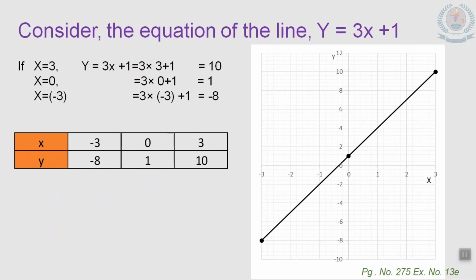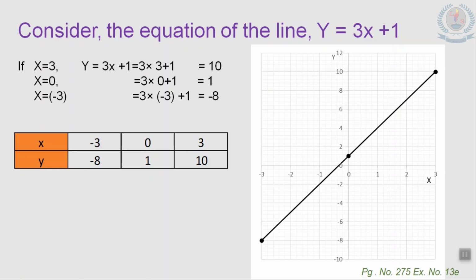Consider the equation of the line y equals 3x plus 1. Here also I am choosing 3 coordinates: one negative, one zero, and one positive. When x is minus 3, the y value is 3 times minus 3, which is minus 9, and plus 1 gives minus 8.